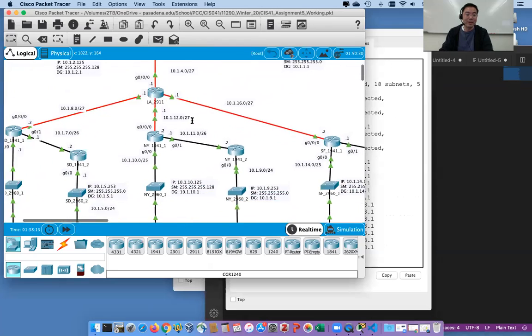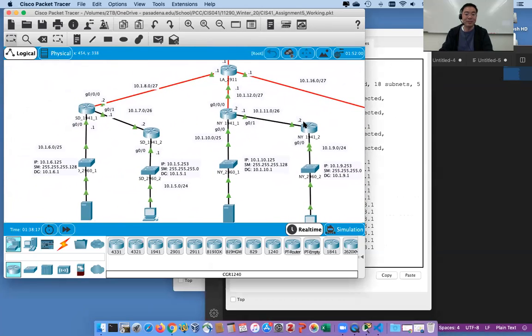Okay, while we're here, let's just get the other routers configured.